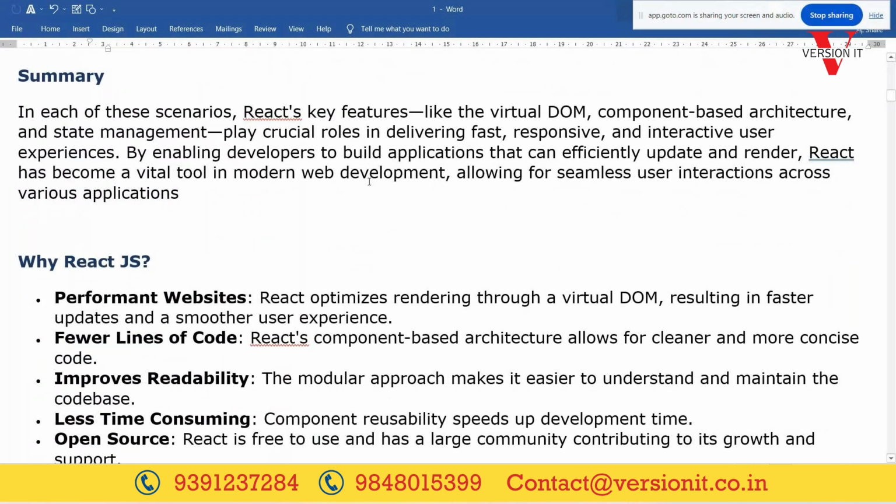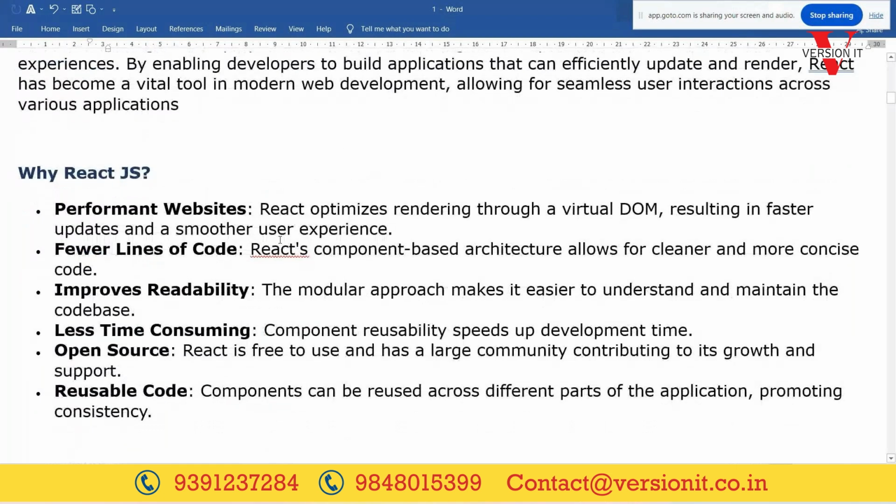It's very few lines of code. If you don't have React.js, then using JavaScript we need to write very lengthy code. In Python also, if you don't have the Django framework, then you need to write lengthy code to develop the backend interfaces and everything.